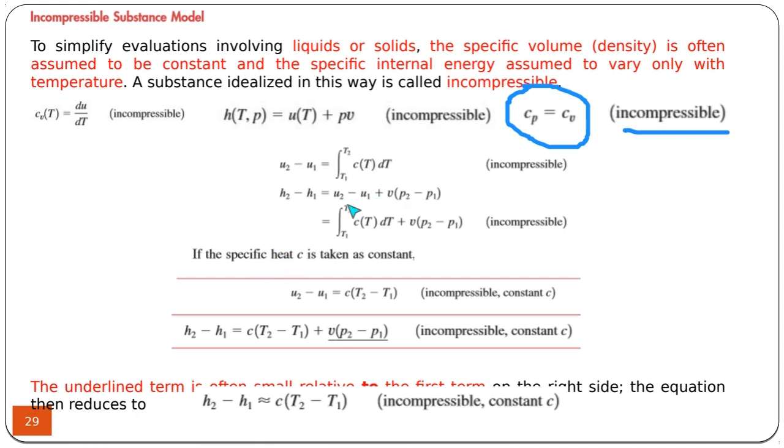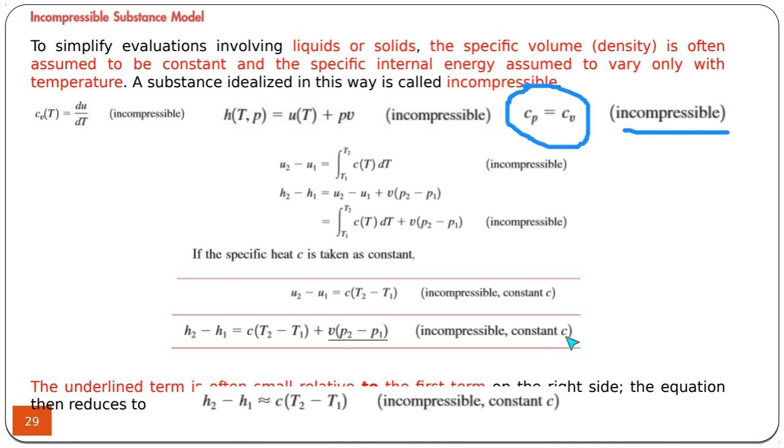Similarly, you can obtain the variation of enthalpy by integrating this amount. So integration of U plus PV will give you this. Of course, you have to have the functional dependence of C on temperature.